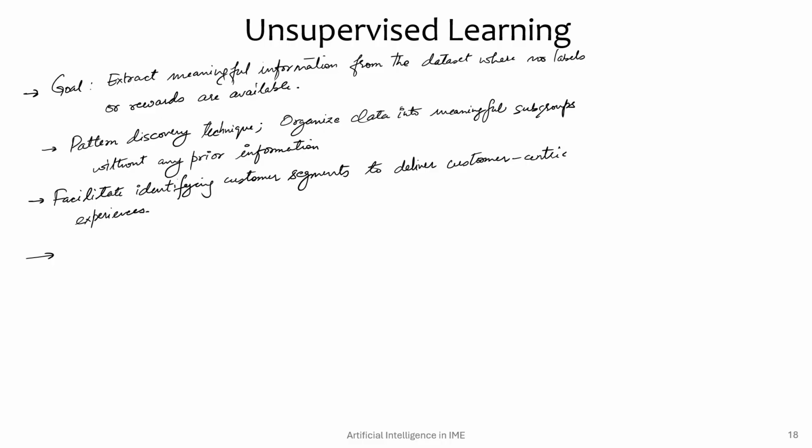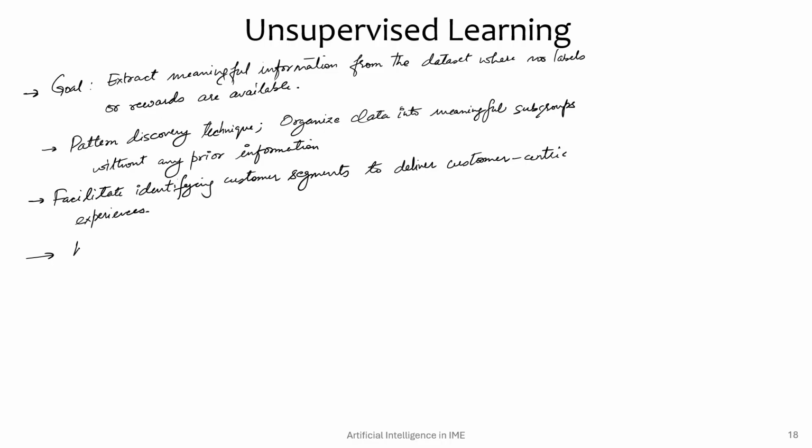So by just giving the data to an unsupervised learning system, the machine learning algorithm will try to identify these segments in the input data and create different classes for them, without any customer segments being specified by the developer of these systems. So that is how unsupervised learning systems work.